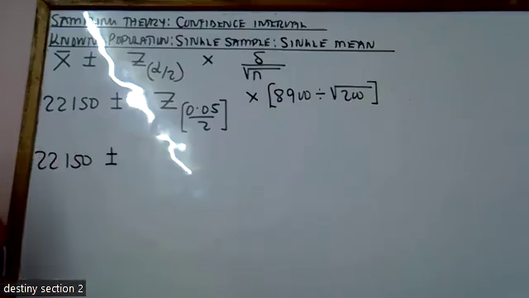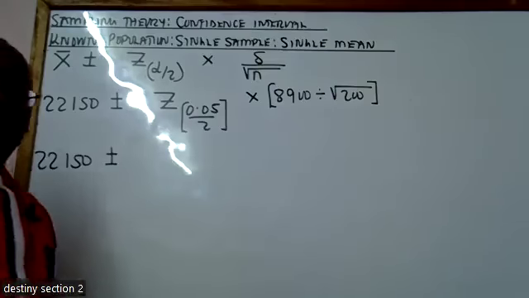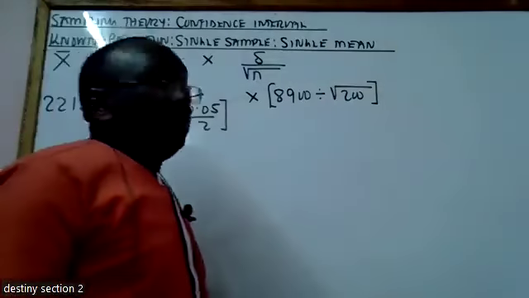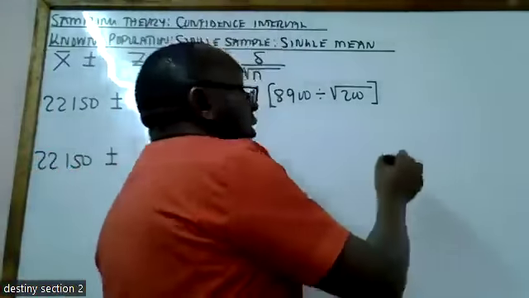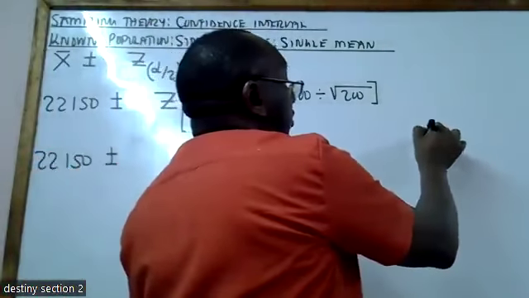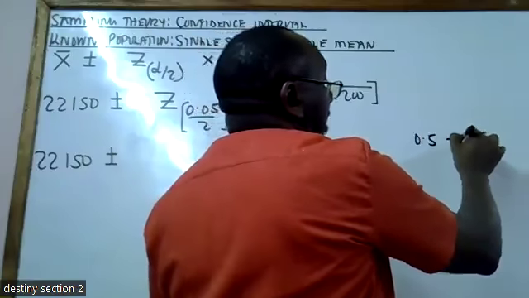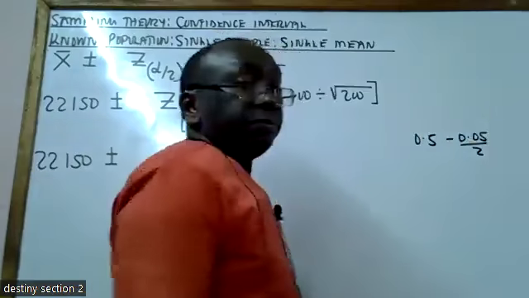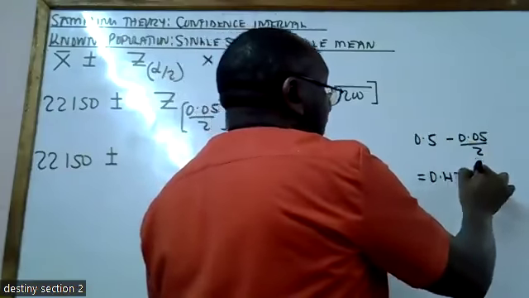I want you to go to the tables. Unisomee this one. And maybe because you have forgotten, let me remind you. What you need to do in this case, unasema 0.5 minus 0.05 out of 2 is equal to 0.475.